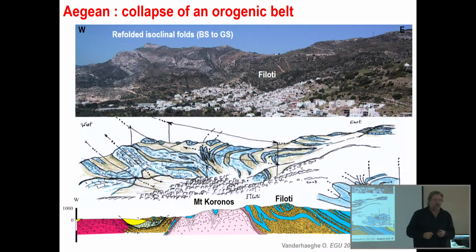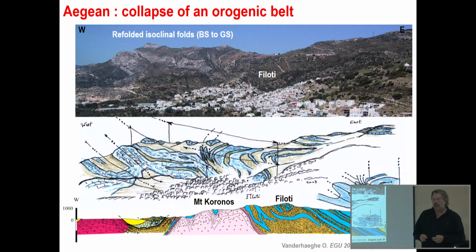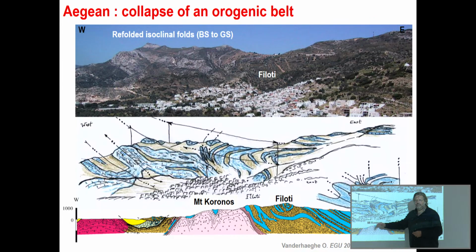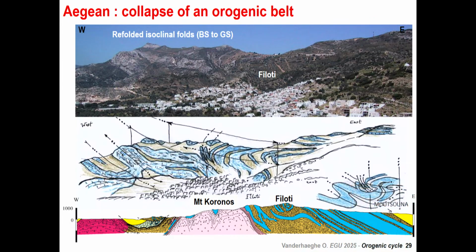So what is the relative timing between folding and dome formation? Does the dome occur before or after the folding? After. And the dome is consistent also with the folding of these detachments.